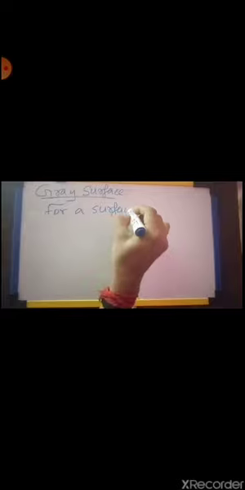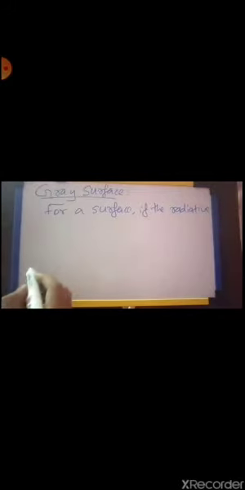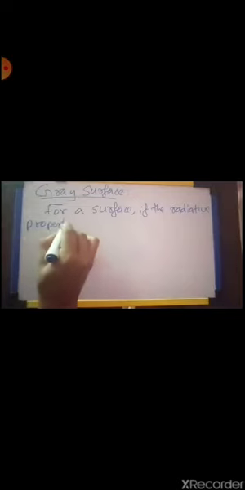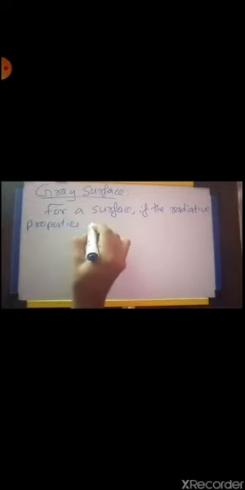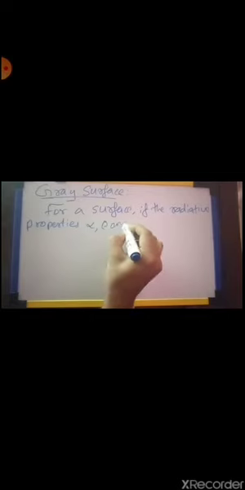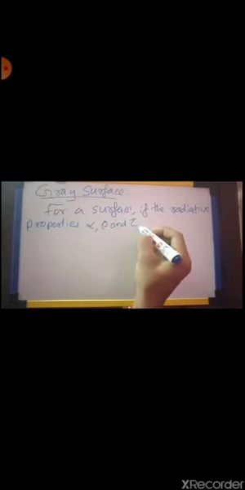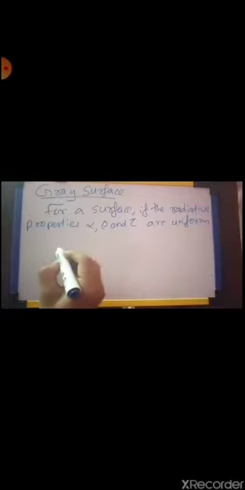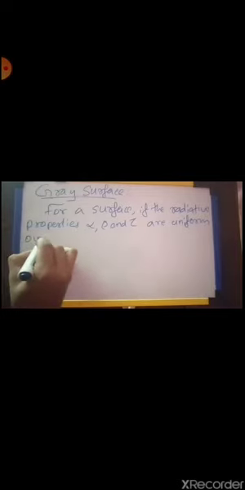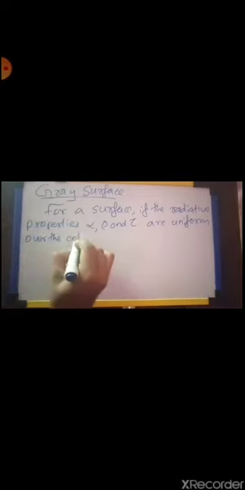For a surface, if the radiative properties like alpha, rho and tau, that is absorptivity, reflectivity and transmissivity, are uniform over the entire wavelength spectrum, then such a surface is called a gray surface.